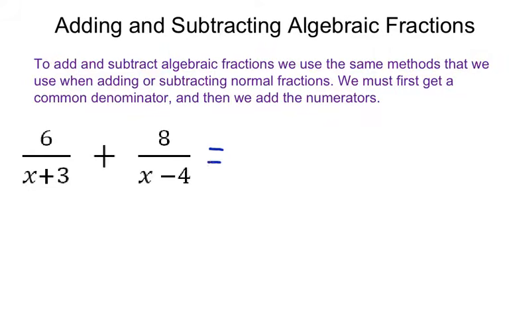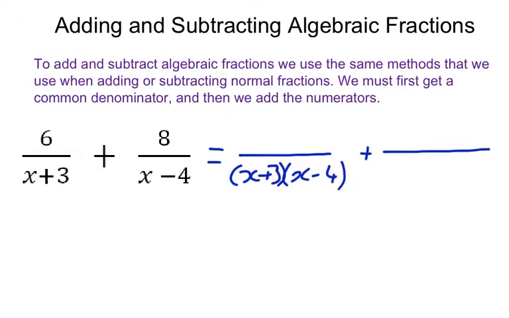So our first step is to get both of them over the same thing, and in this case it's going to be over x plus 3 in brackets times x minus 4 in brackets, and then we're going to do the same for the second one, x plus 3, x minus 4.